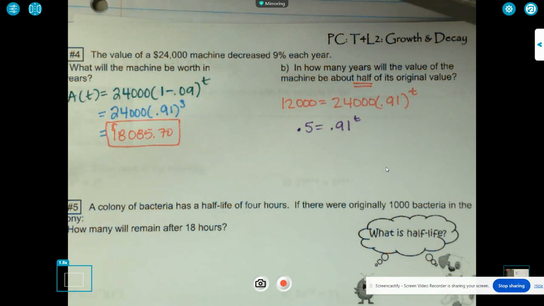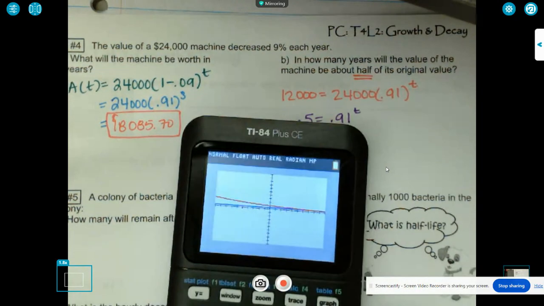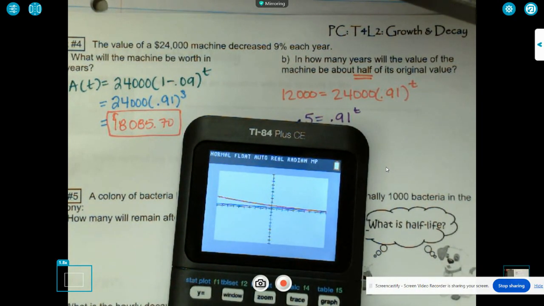See if we can see it. I think I can see it. If you're not sure, I think I can see mine. It's kind of close over here. Okay. So you could always zoom. Let's see. I'm going to zoom box and see what happens. Let's zoom box like here. I like zoom box.